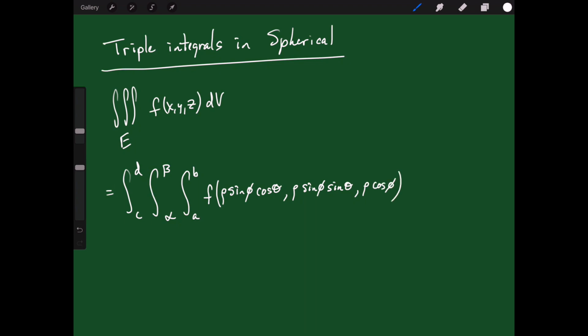And then just like in cylindrical we had to add an extra r, in this case we need to add an extra rho squared sine phi, and then this is going to typically go d rho d theta d phi. Okay, so it's very important that we remember to add this rho squared sine phi in after converting into spherical coordinates. Okay, let's try an example and see how this goes.